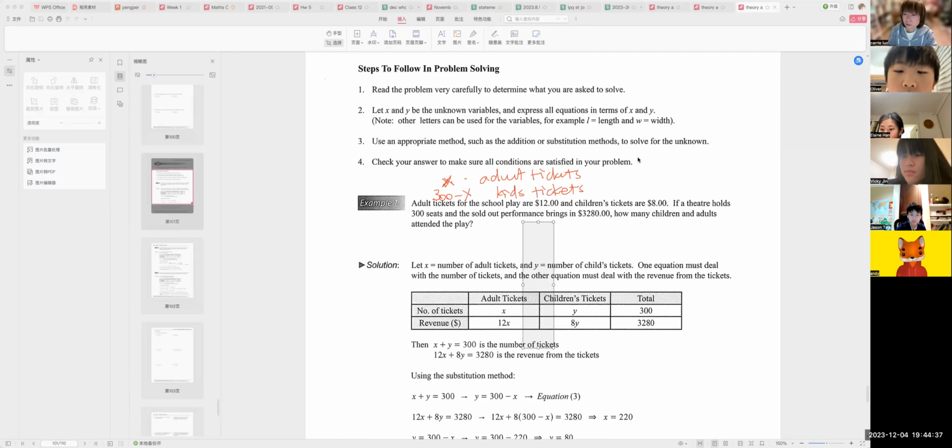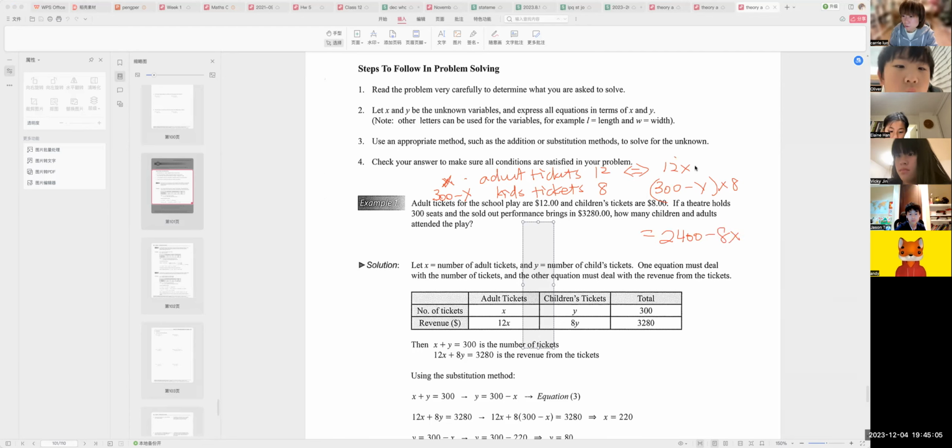Adult tickets are $12 each and kids' tickets are $8, right? So the total money from selling adult tickets is 12x. And the money from kids' tickets is (300 minus x) times 8, which is 2,400 minus 8x. Understood?